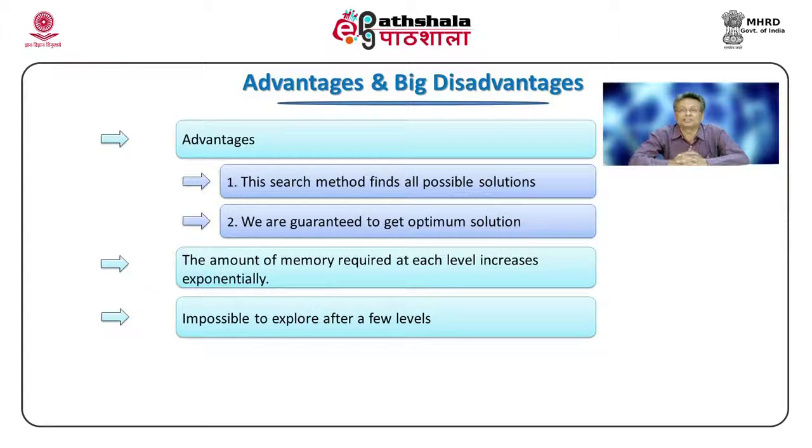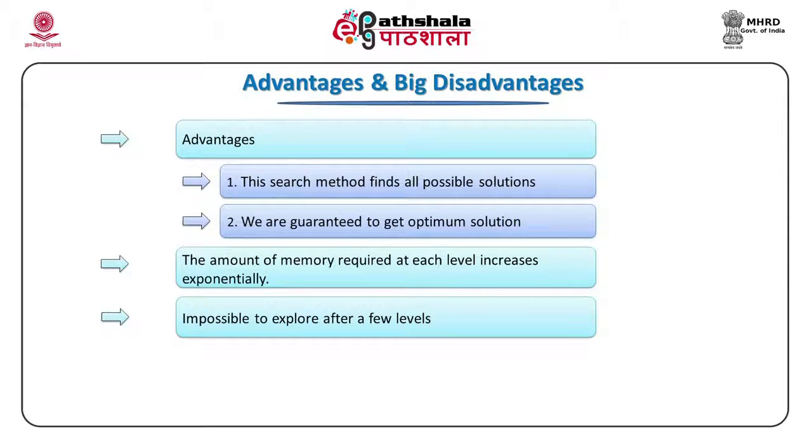For example, chess has a branching factor of around 35. In that case, level 1 is 1, level 2 is 35, level 3 is 35 into 35. Every level increases the number of nodes exponentially, and that is the problem with this approach. In most cases, you will not have the luxury of that much memory to store all those nodes.